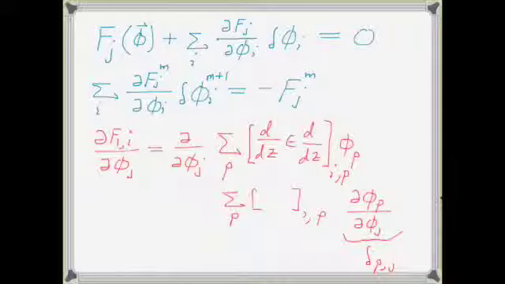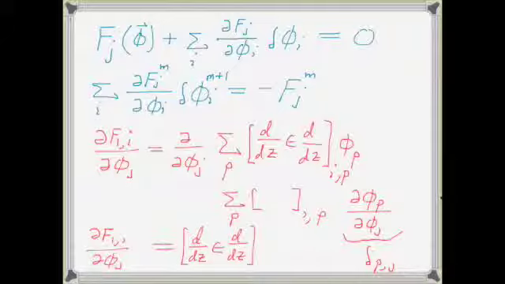That kills off the sum, and so this is just equal to my matrix. So that's easy. dF1 comma I, d phi j is just the matrix d dz epsilon d dz, that discretized matrix I comma j.